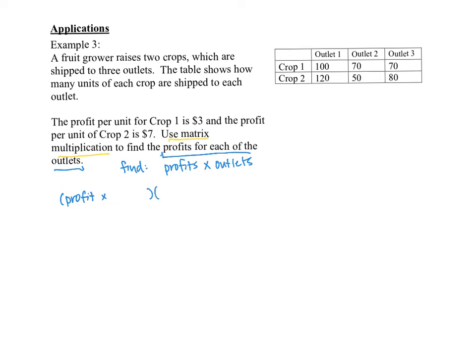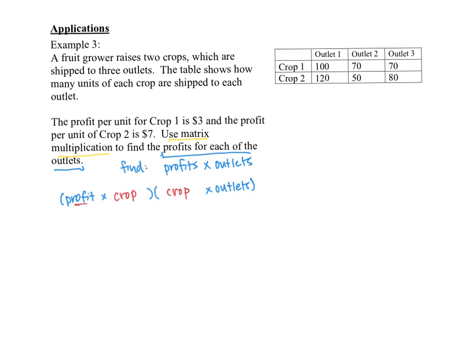And I want my second matrix to be something by outlets, because remember, this will make my result be profits by outlets, and I need these two to cancel out, or they need to match up. Okay, so what's the third element I have? This says outlets and crops, so the third thing must be crops. So I want profit by crops times crop by outlets, and now I just need to make my matrices match up with this.